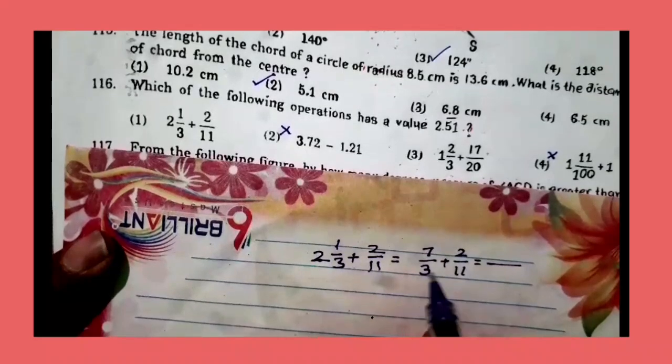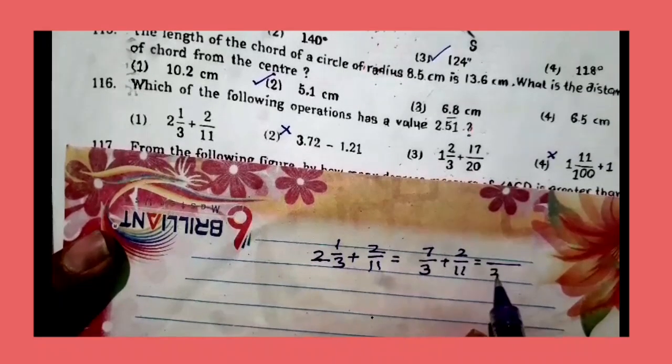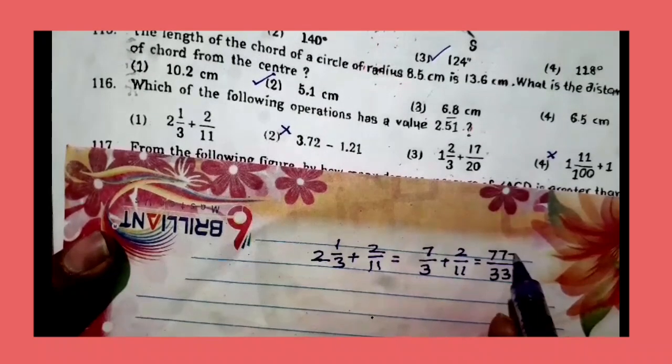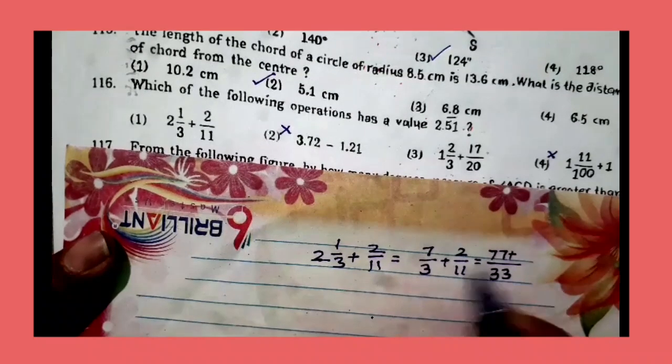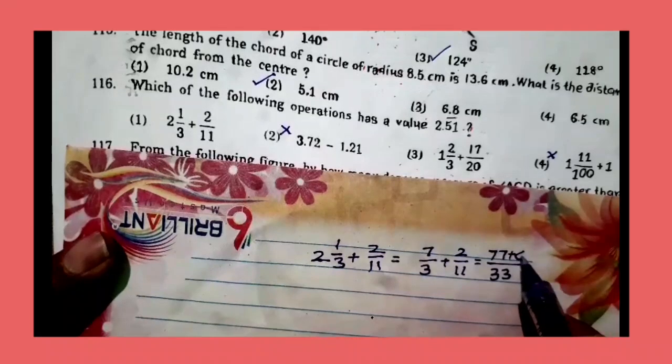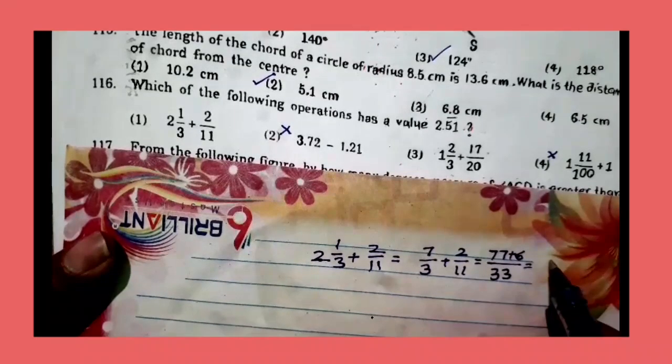Now the LCM is 33. 7 times 11 is 77. Plus 3 times 2 is 6. That is 83 upon 33.